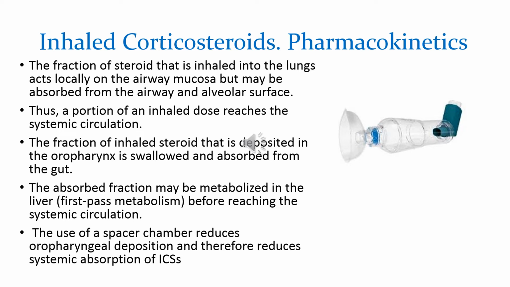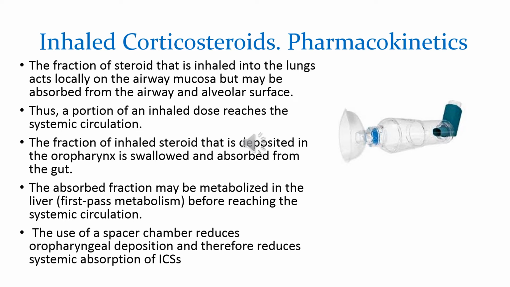Pharmacokinetics. The fraction of steroid that is inhaled into the lungs acts locally on the airway's mucosa, but may be absorbed from the airway and alveolar surface. Thus, a portion of the inhaled dose reaches the systemic circulation. The fraction of inhaled steroid that is deposited in the oropharynx is swallowed and absorbed from the gut.